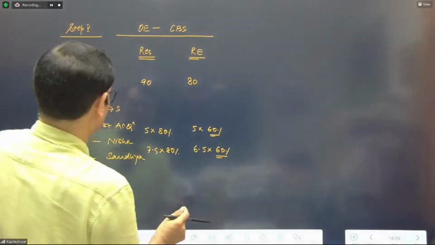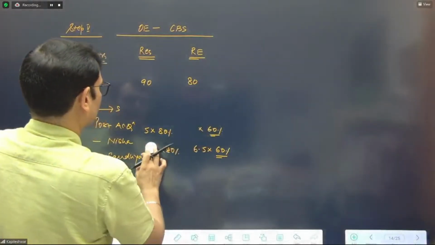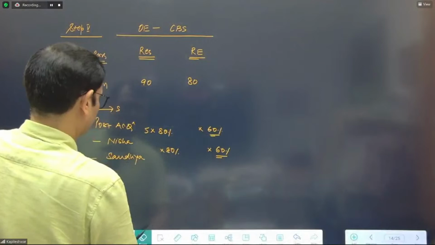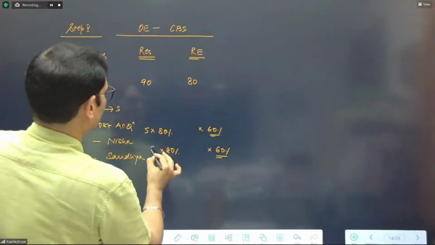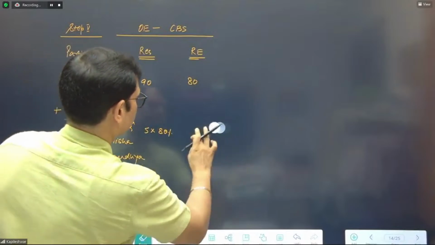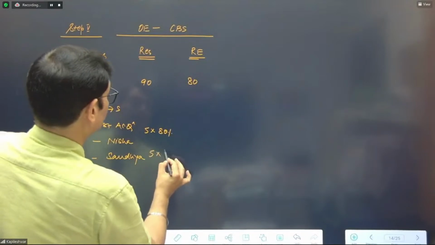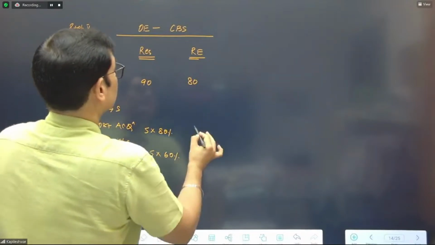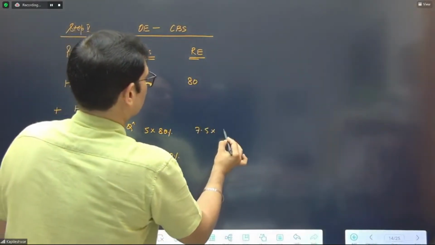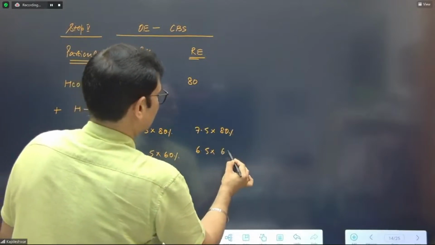Okay, I think the figure got a little messed up. This is not 5 and all. We just need to slightly change the figures. Reserves was 5, and this is, let me change it. So this is 5 into 80, and this is 5 into 60. This is RE is 7.5 into 80, and this is 6.5 into 60.